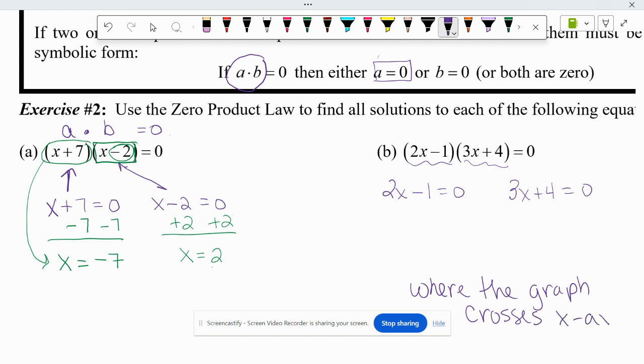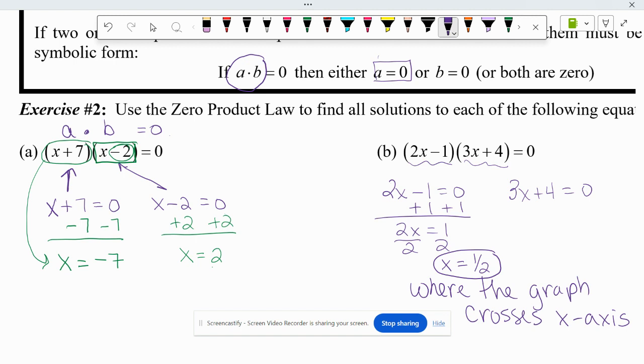So how am I going to solve for x in that first equation? 2x minus 1 equals 0. Add 1 to both sides. So that gives me 2x equals 1. And then what? Yeah, divide both sides by 2. So that means that x is 1/2. So I know that I cross the x-axis at the point 1/2 on x, or the ordered pair 1/2, 0.